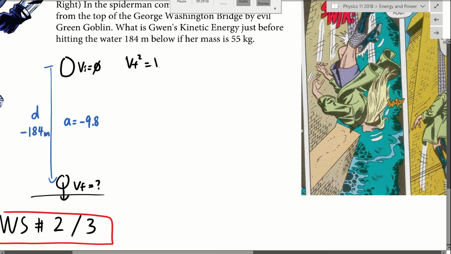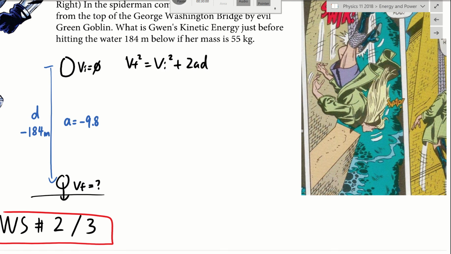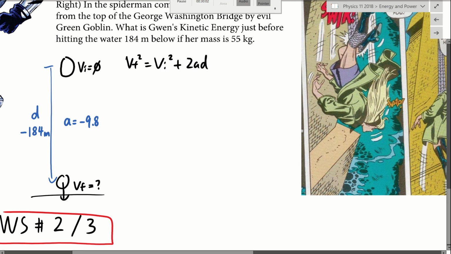V final squared equals V initial squared plus 2AD. All right. Going through this is super easy. V final is what we need to find. V initial is 0, so this term is gone. And the 2AD: 2 times the acceleration times the height of the falling object.